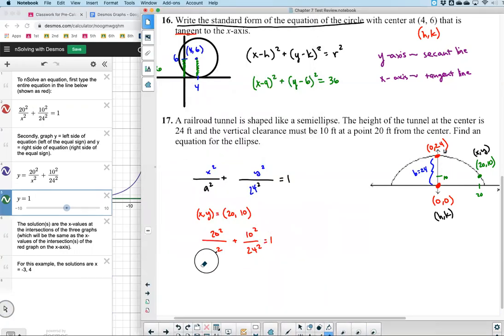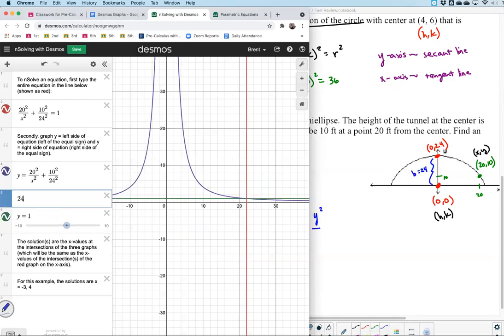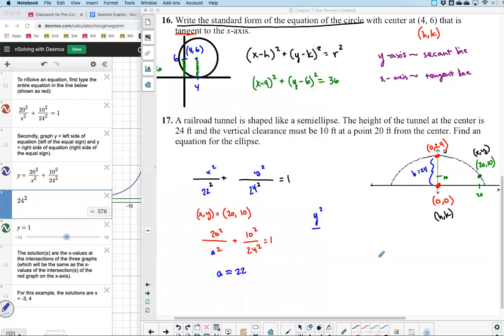So now coming back, that a value is approximately 22 that we just found. And so the equation, now that I know that, I was wrong saying a and b. This b is actually going to end up being an a. I have it there, so I'll leave it. But because this number is larger, you would actually look for the equation where, let's find out what 24 squared even is. 24 squared, 576.